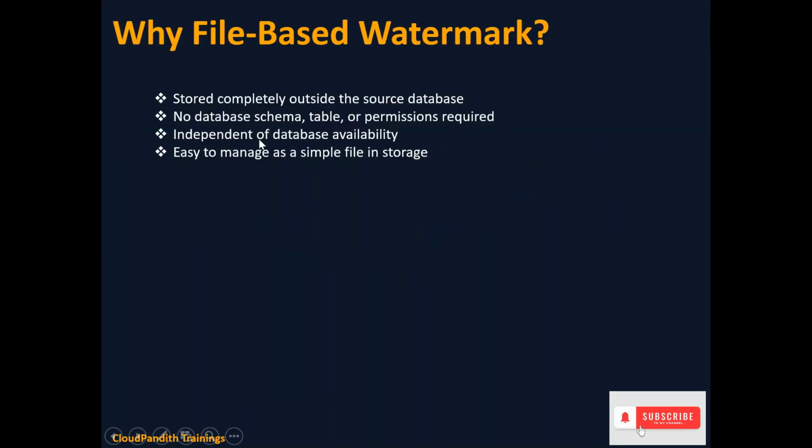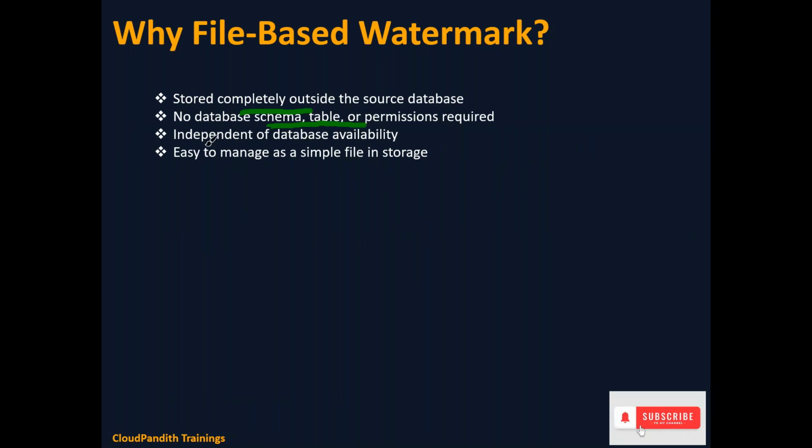First, let's understand why file-based watermarking is required. Remember, in file-based watermarking, the watermark is stored completely outside the source database, meaning we are reducing the dependency on the source database. This means we do not need to create a table, manage schema, or handle database permission just to track the progress.